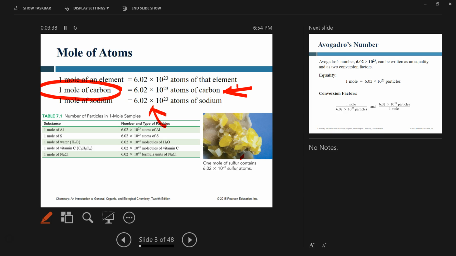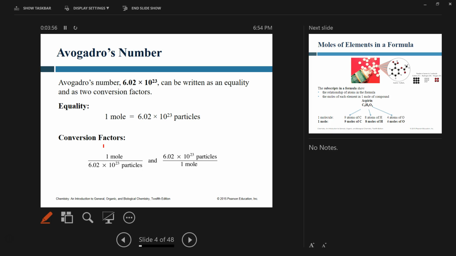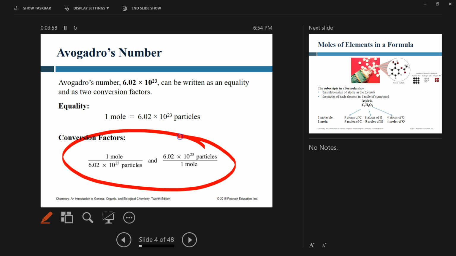We can say we have a mole of water. Sure thing. Means 6.02 times 10 to the power of 23 molecules of water. Does it make sense? Now, this is an equality, the conversion factor for moles to particles and particles to moles. We're clear?